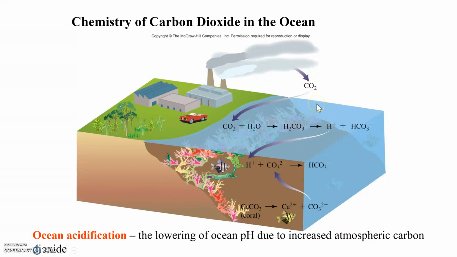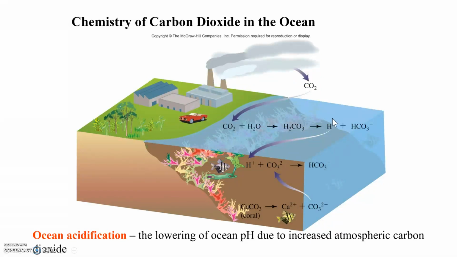So what is happening that is associated with climate change is an increase in carbon dioxide in the atmosphere. This is increasing primarily as a result of the combustion of fossil fuels, as we've talked about previously in this course. We're increasing our carbon dioxide concentration, which results in more carbon dioxide dissolving in the ocean, creating a more acidic solution.